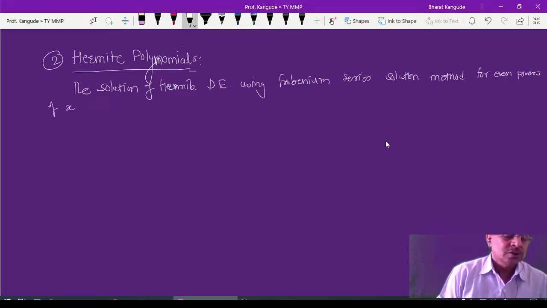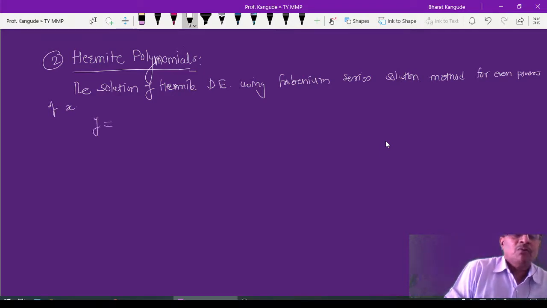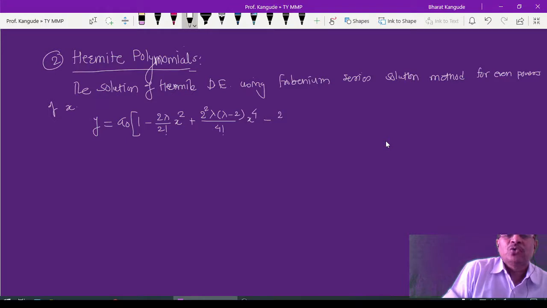Okay, case 1. So the case 1 solution was this: y is equal to a0 into the bracket 1 minus 2 lambda upon 2 factorial multiplied by x square, plus 2 square into lambda multiplied by lambda minus 2 upon 4 factorial multiplied by x raised to 4, minus 2 raised to 3 into lambda multiplied by lambda minus 2 multiplied by lambda minus 4 divided by 6 factorial into x raised to 6.